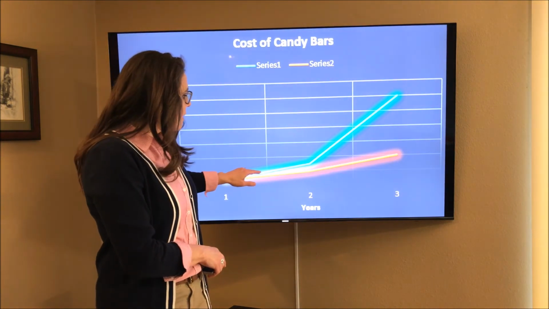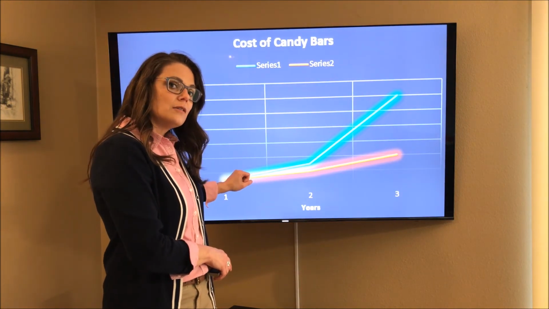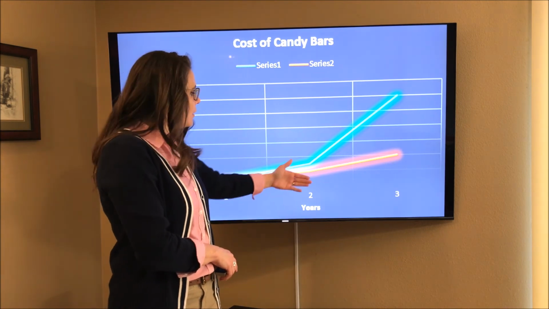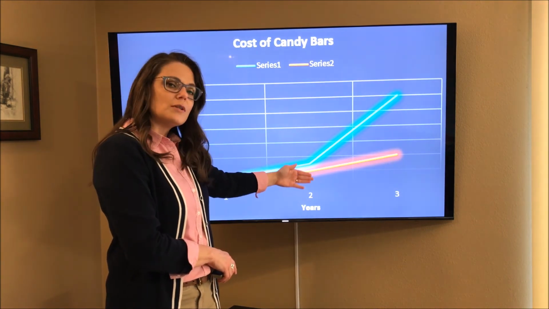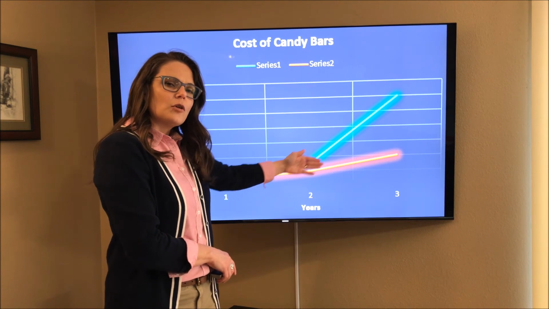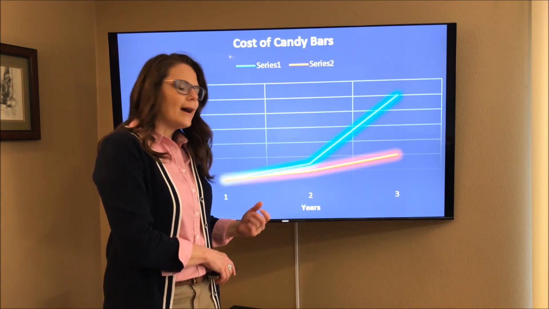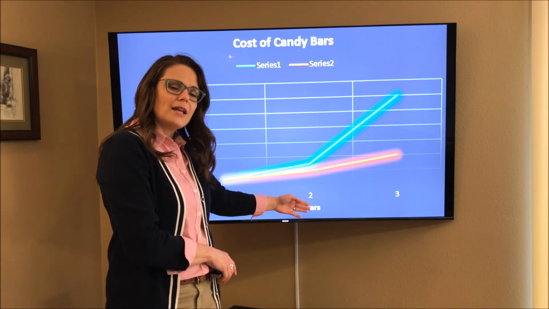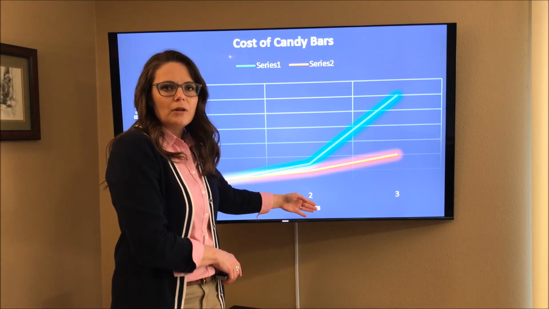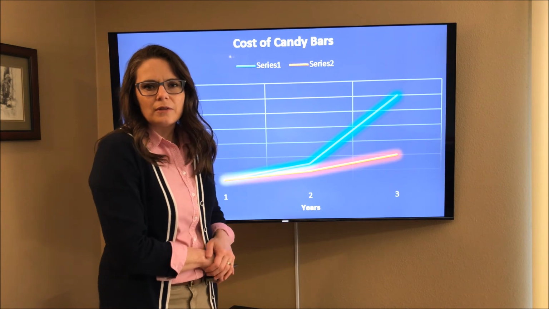The second year, the money doubled to $10. So the price of the candy bar would have doubled from year one to year two at $10. For year 3, our money doubled again to $20. So the cost of our candy bar should have also doubled to $20.